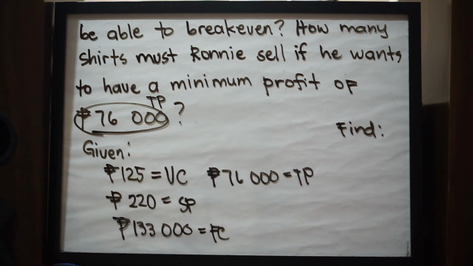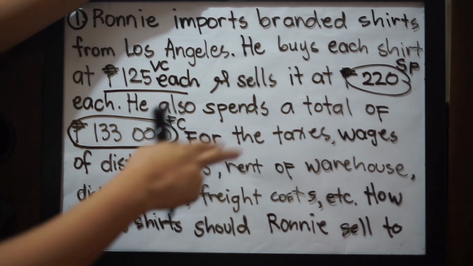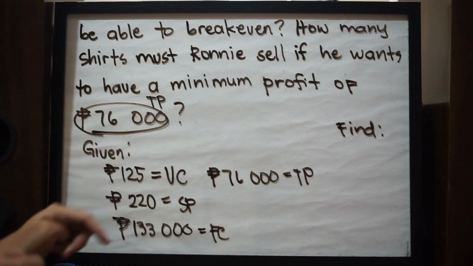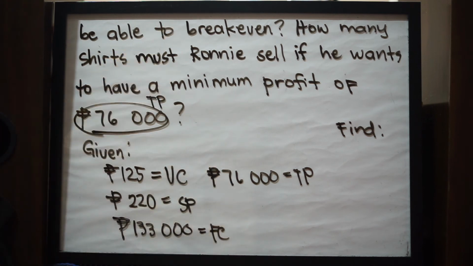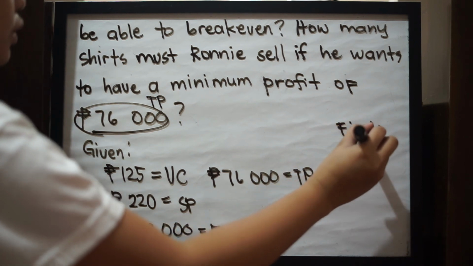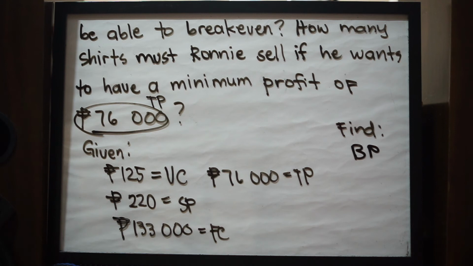Next, we identify the unknown value. Balikan natin yung question. Ang sabi dun sa question, how many shirts should Ronnie sell to be able to break even? So, para ma-experience niya yung break even or bumalik sa kanya yung nagastos niya, we must get the break even point, yung quantity ng number of shirts na kailangan niyang maibenta.